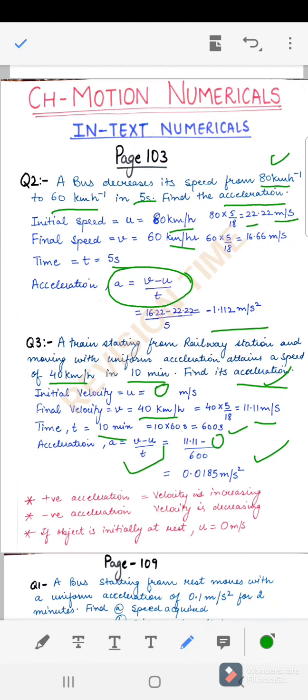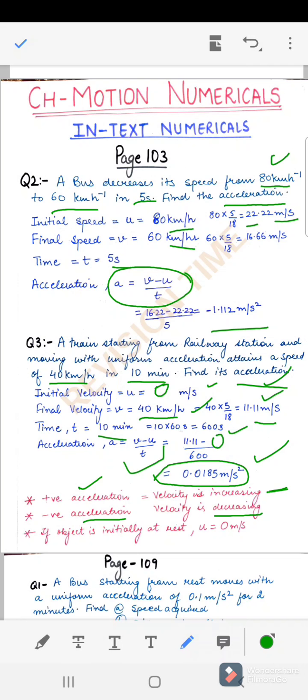So from these two questions, what do we get to know? If the acceleration is positive, that means the velocity is increasing. As we can see in question number 3 here, the acceleration is positive and the velocity is increasing from 0 to 40 km per hour, or 11.11 meter per second, right? But if acceleration is negative, that means the velocity is decreasing.